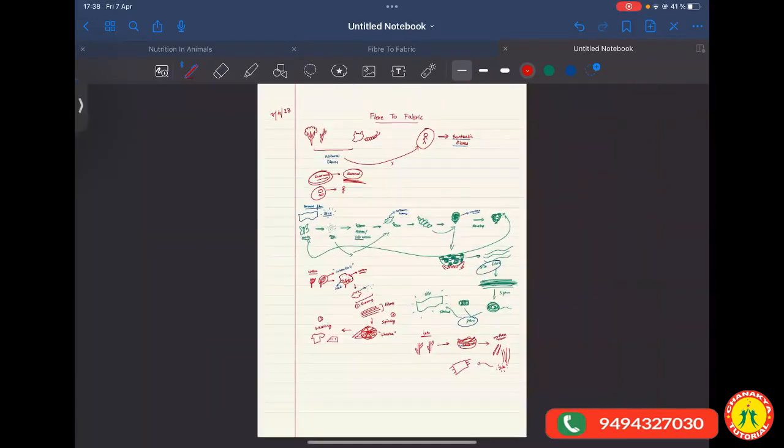All right. So this is how you're getting your natural fibers. Okay, I hope jute was clear. If there's any doubt, you can ask me. Note jute and cotton down quickly.